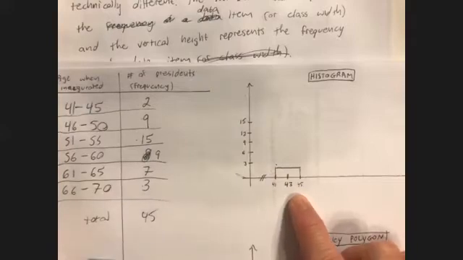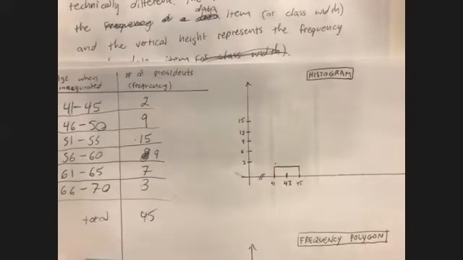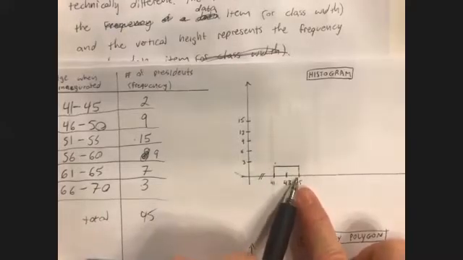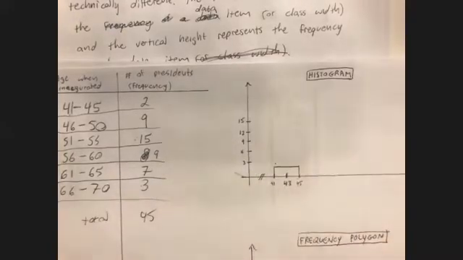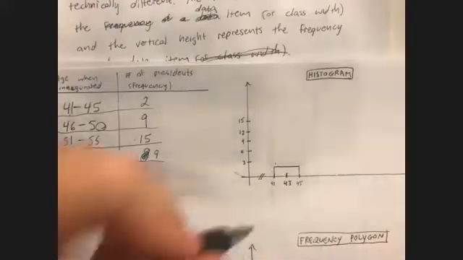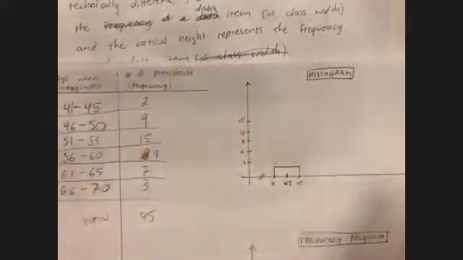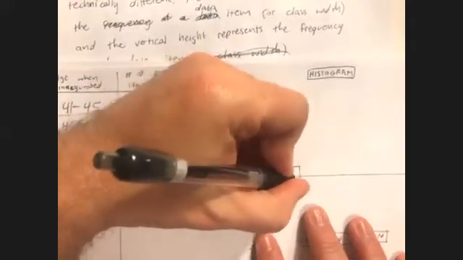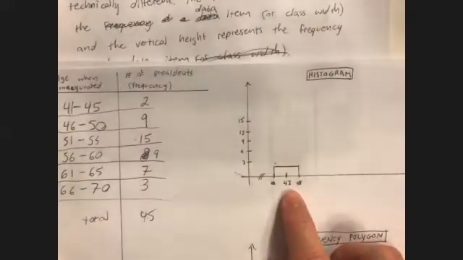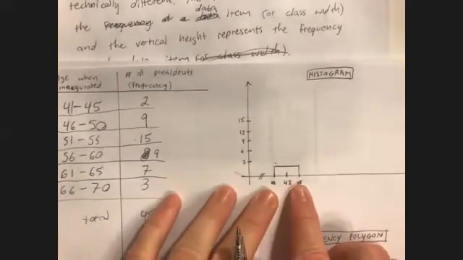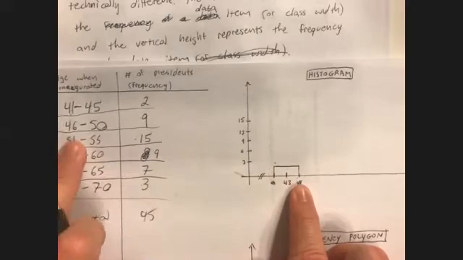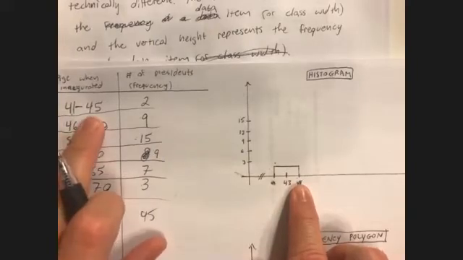Okay, now technically what I should do is these should touch. In fact, just to make this whole thing look good, I'm only going to label my middle one, because this really is going up to the 46 or meeting at 45.5.